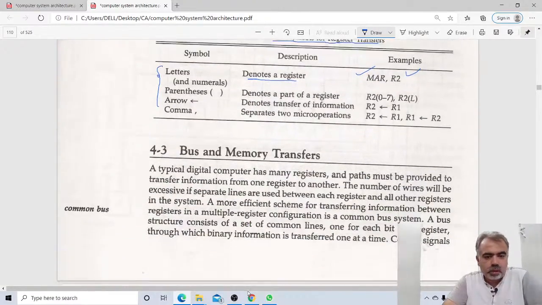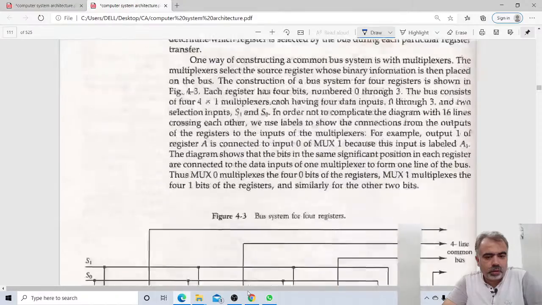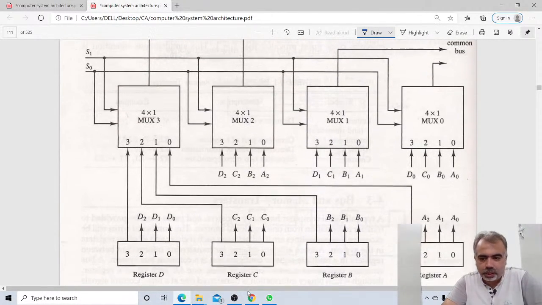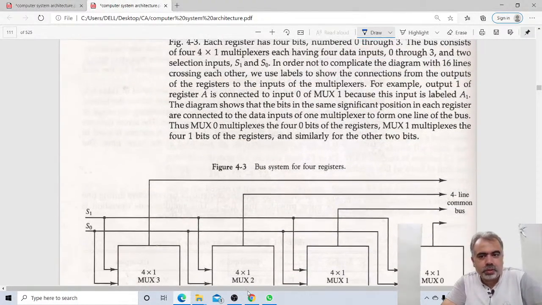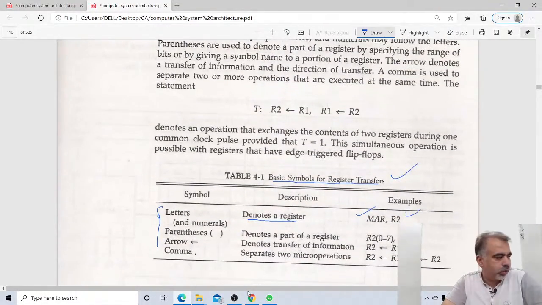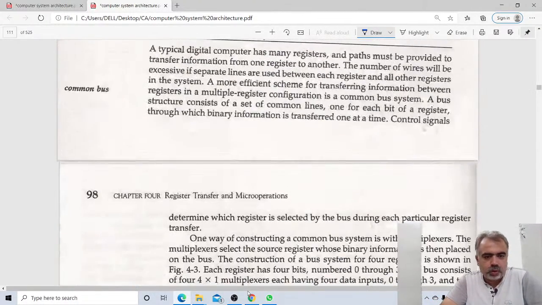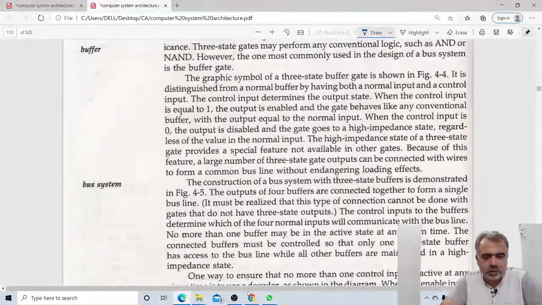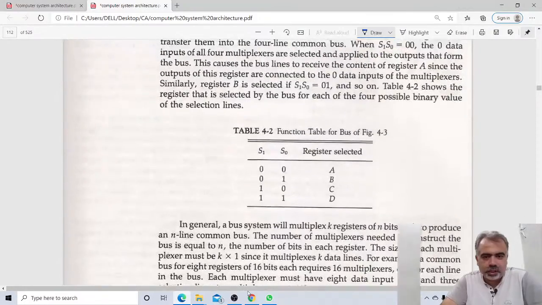Now this is a very important circuit, and definitely this will be asked in the exam. But today we covered up to this point. We will cover the whole topic tomorrow, and I'll finish the full chapter tomorrow. Why am I not covering it today?